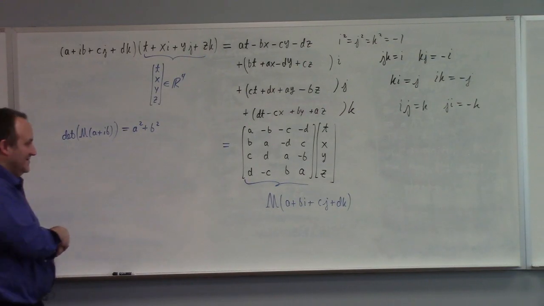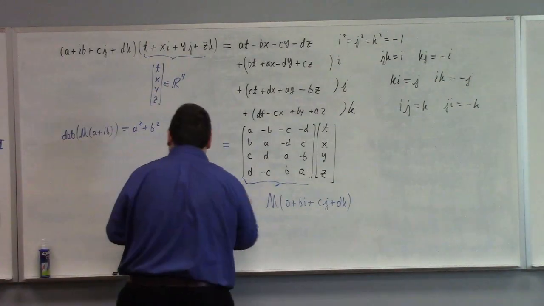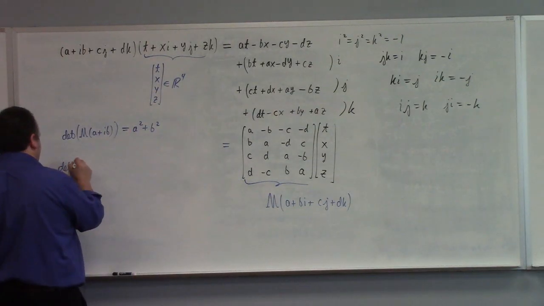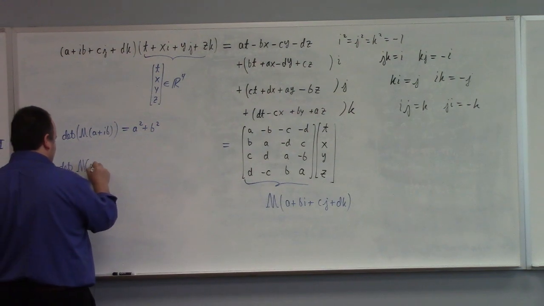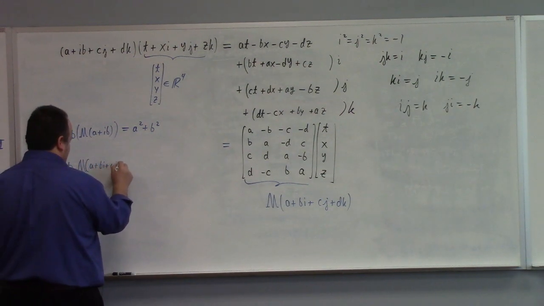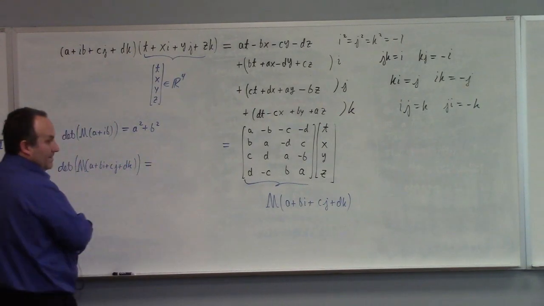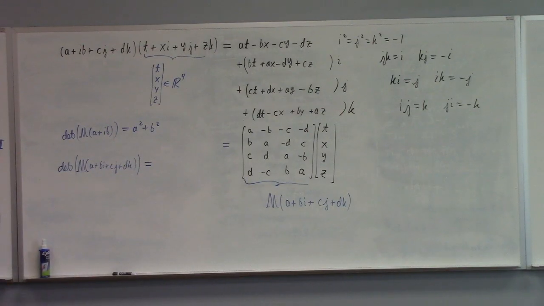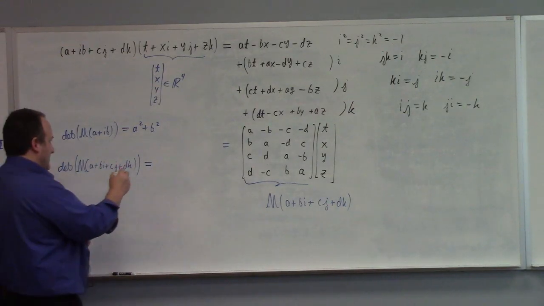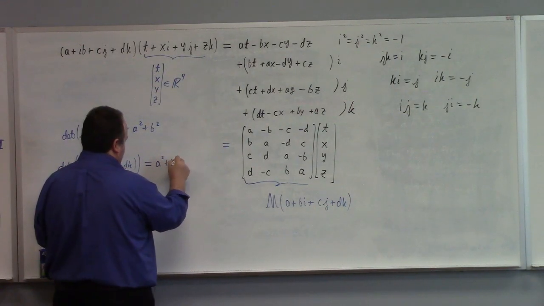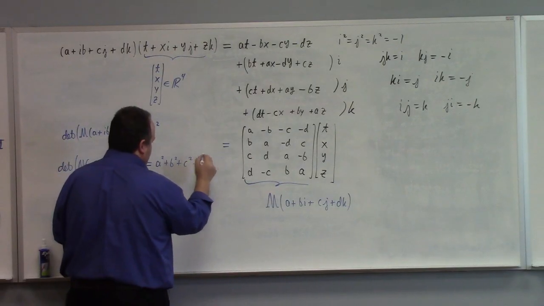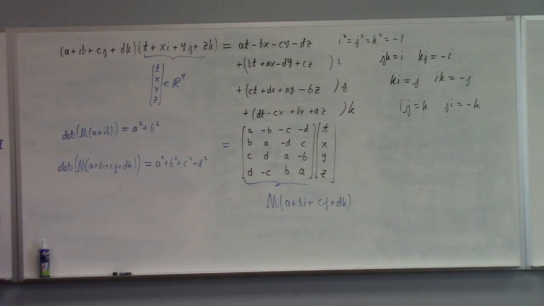So if you believe in the niceness here, what do you think the determinant of the matrix of the quaternion is equal to? We have a winner, yes. In other words, it's the length of the quaternion thought of in the Euclidean sense. It's just the length squared of the quaternion.